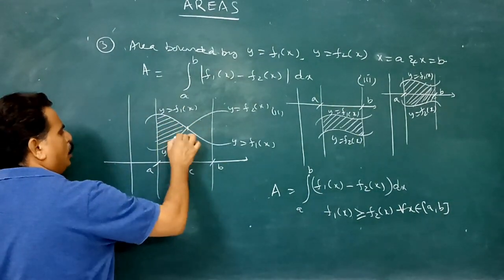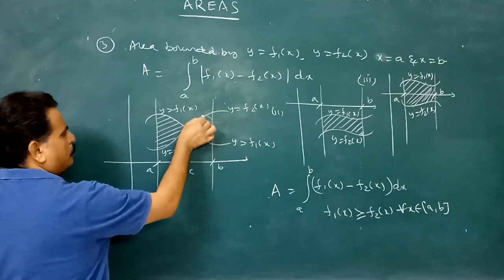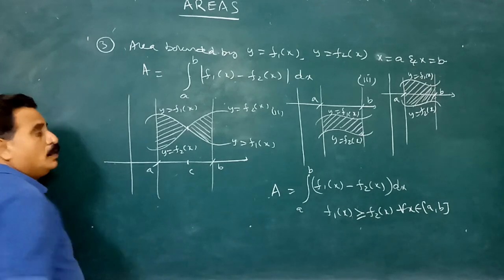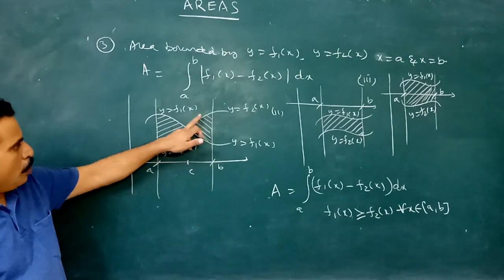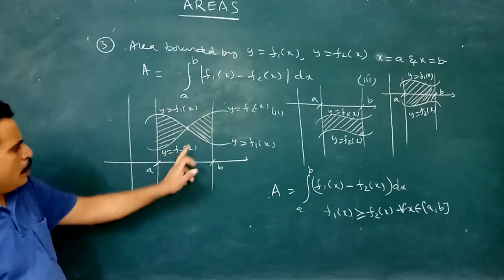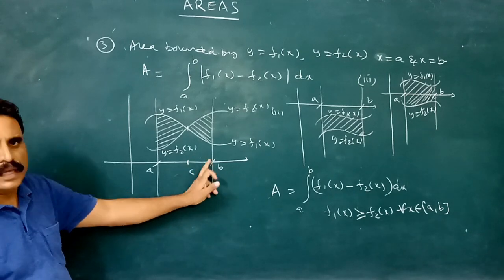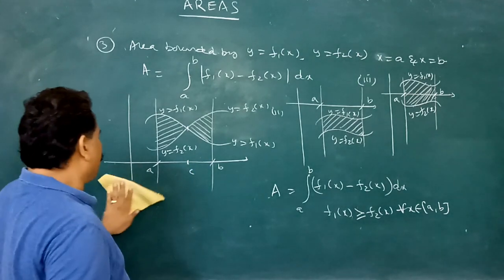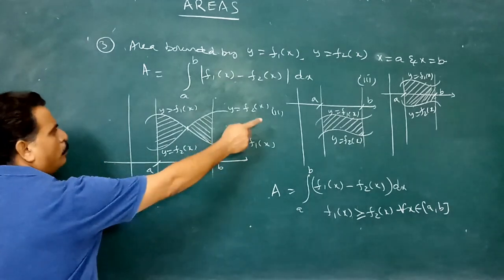Here, a to c, the dominating curve is f1(x); c to b, the dominating curve is f2(x). Here, f2(x) is above the curve after crossing x = c. So in this case, the area can be easily found by using the basic definition.